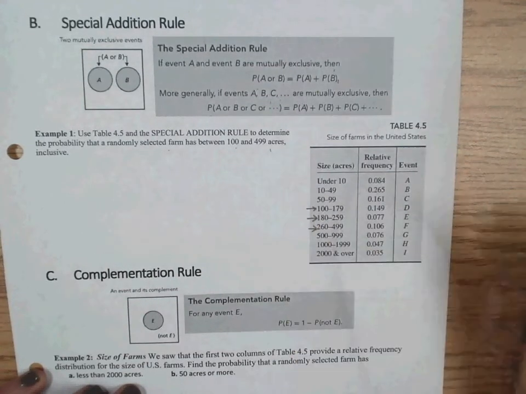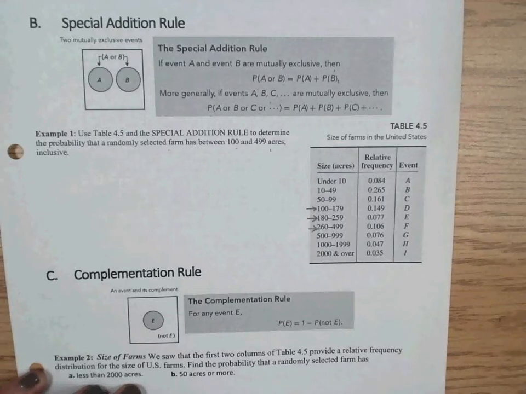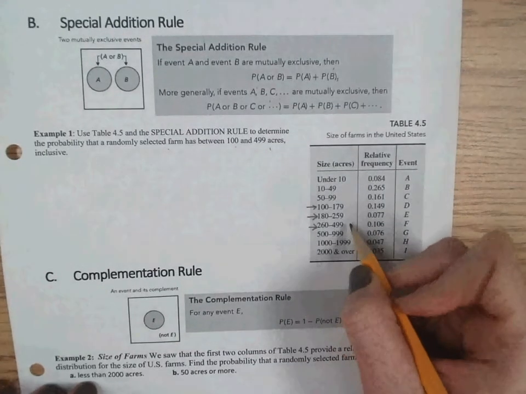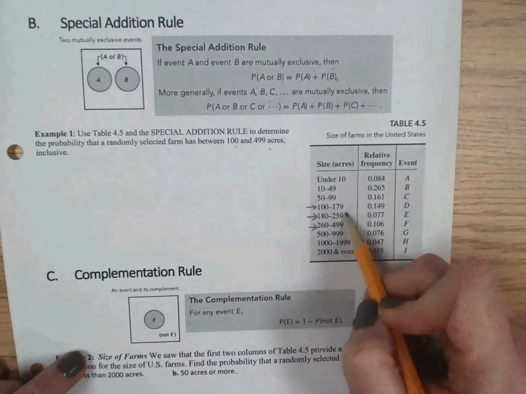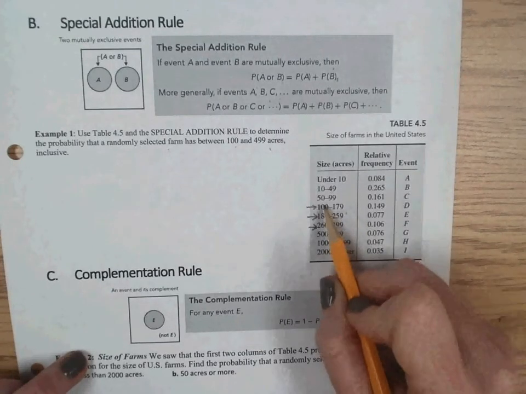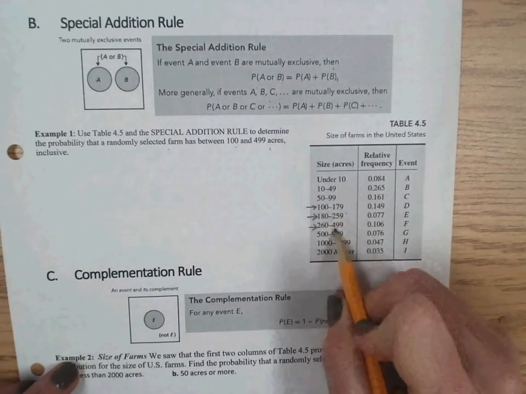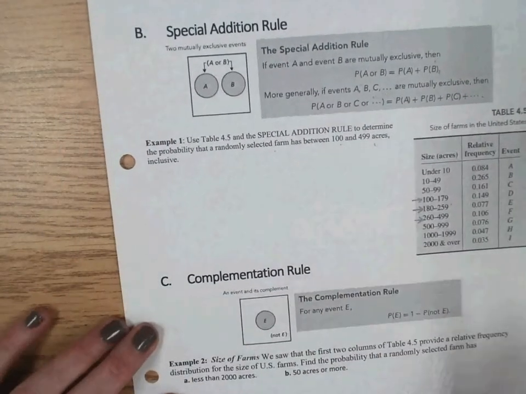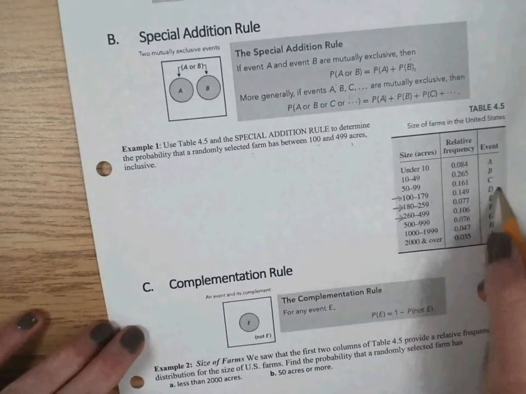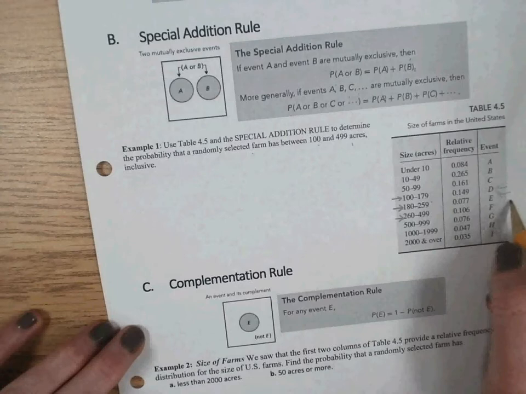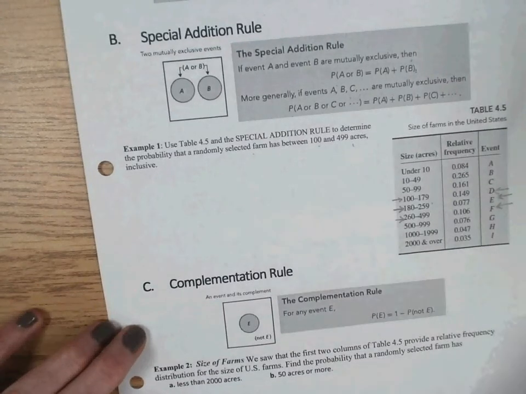So that would also include this middle range of 180 to 259. And so you cannot be both a farm with 100 acres and 180 acres, so that means that these events would be mutually exclusive. So you can see these are labeled event D, event E, and event F.